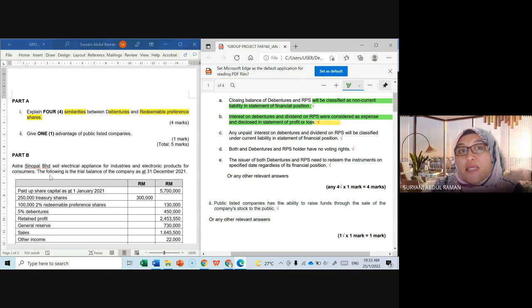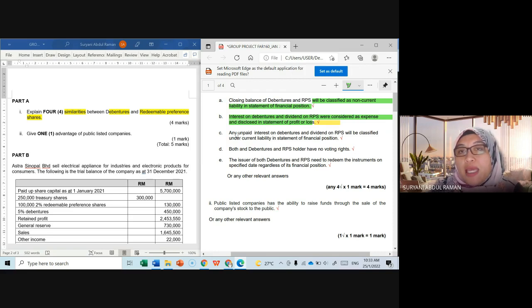As you can see in part B, I do test you on the redeemable preference shares, and the dividend on RPS should be disclosed as expense, or in other words finance cost, in the statement of profit or loss.